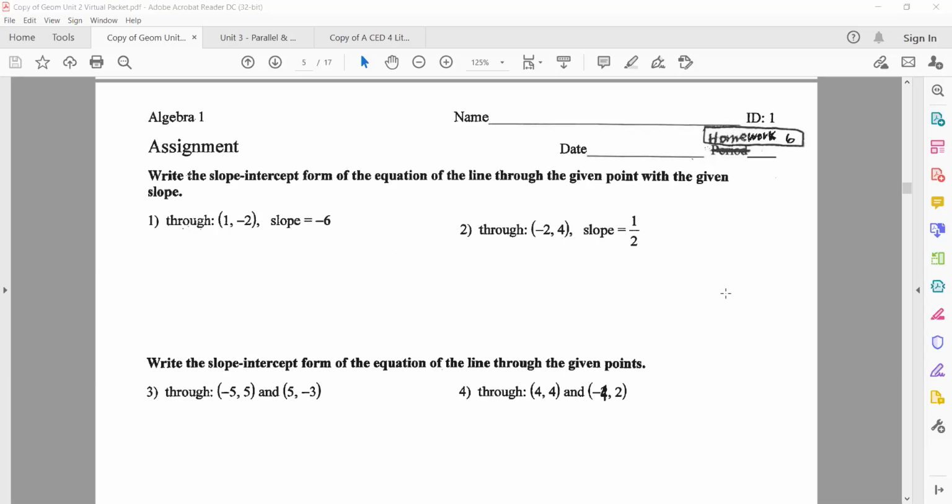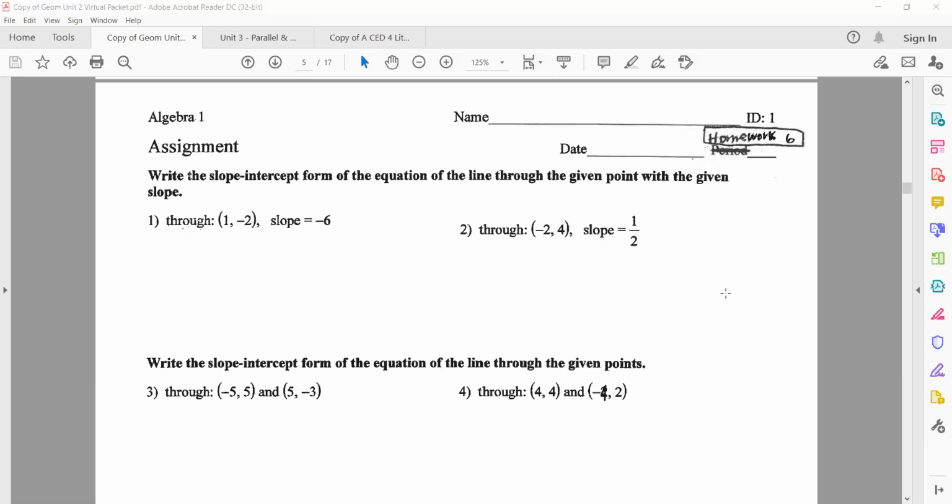The next page after that, though, has this handwritten note at the top that says homework 6. I do not have this assigned as homework, but it is something that we probably need to spend a little bit of time on before we start looking at the parallel lines and transversals.